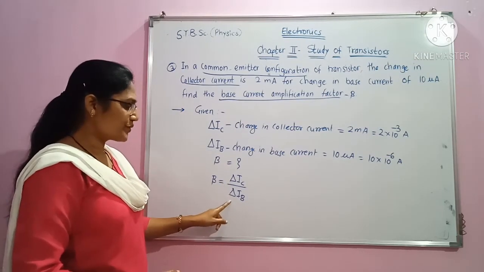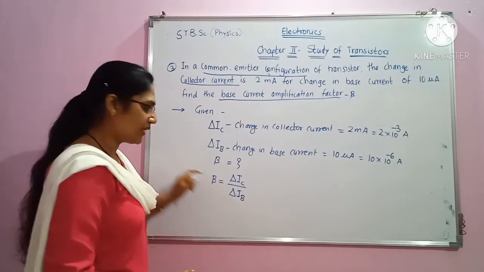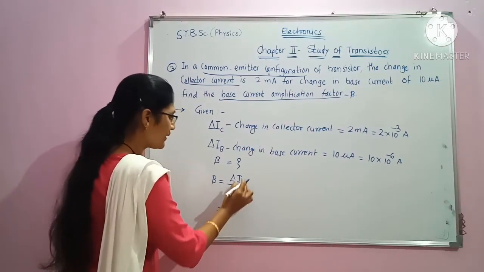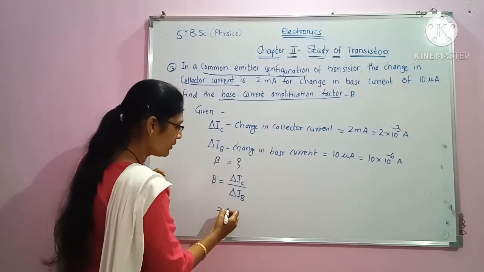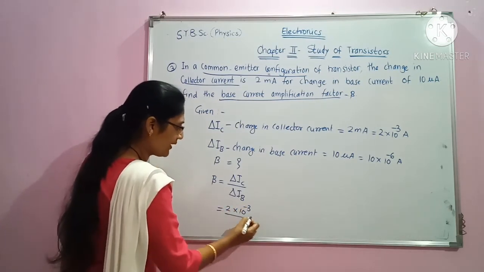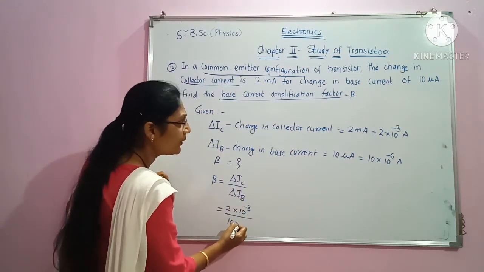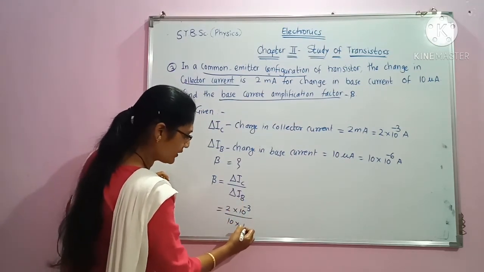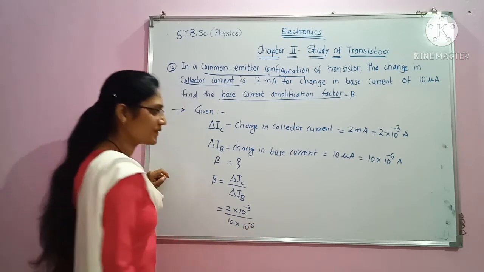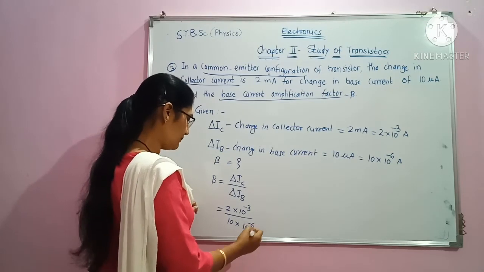Now we substitute the values: delta IC is 2 into 10 raised to minus 3, divided by delta IB, which is 10 into 10 raised to minus 6.